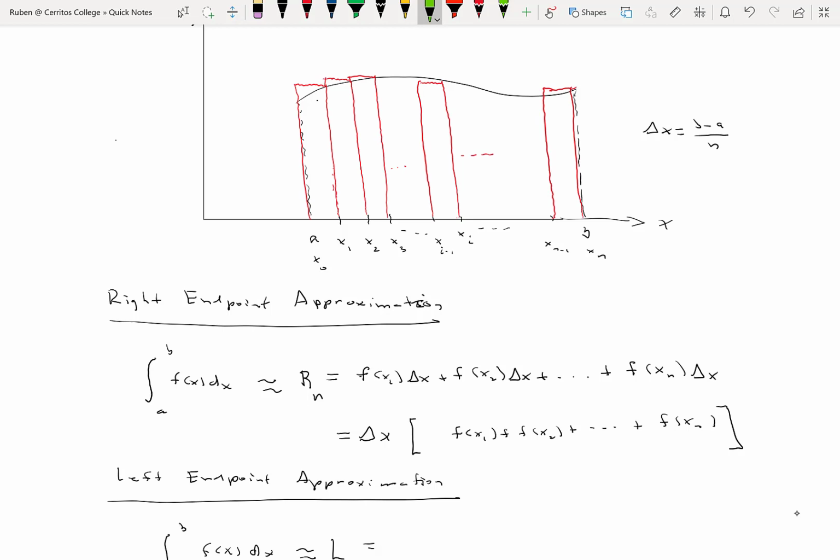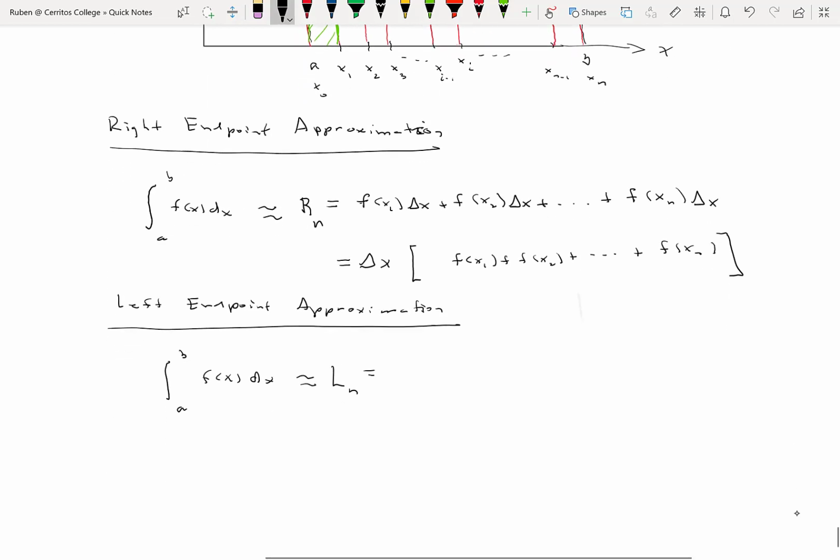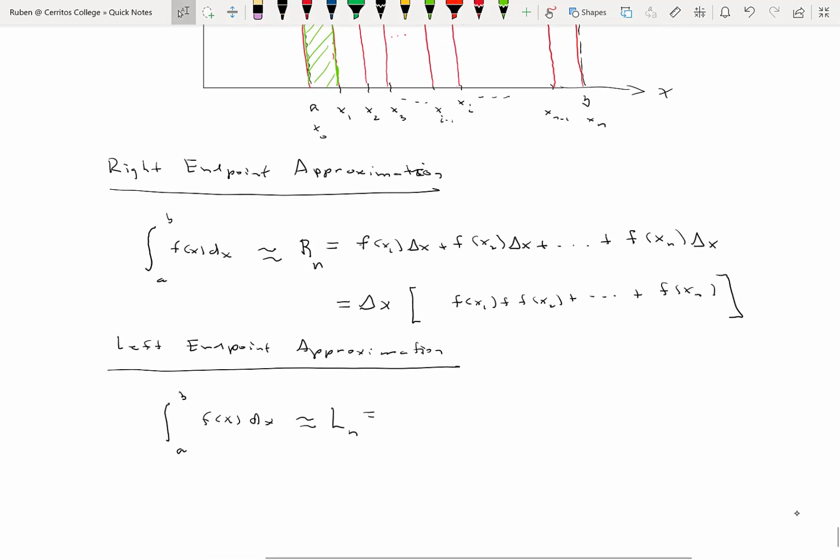If we go up to the curve at that point, here will be in green the y value at that point. We're going to use that as the height of the first rectangle. Come back down. So that first green rectangle is what we get by using a left endpoint approximation. And the area of that first green rectangle would be f of x sub 0 delta x.